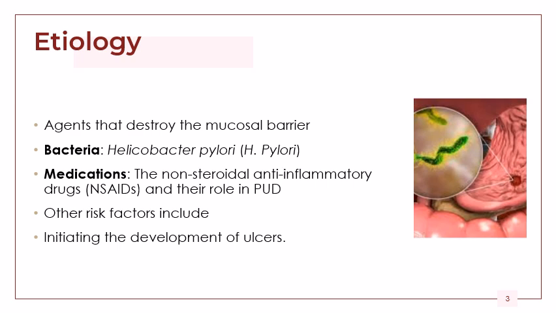Other risk factors include physiological stress, malignancy, viral infection, radiation therapy, chemotherapy, Crohn's disease, and vascular insufficiencies. These factors combined initiate the disease process, resulting in the development of ulcers.